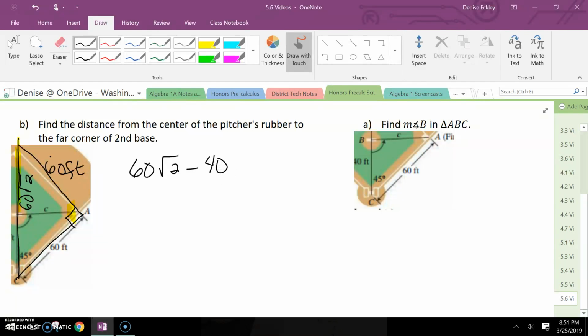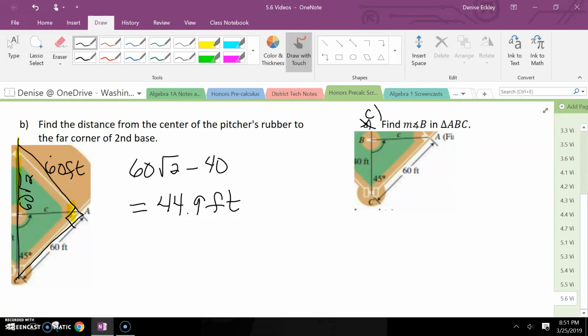So we can just leave our answer like that if we want an exact answer, but since we're dealing with a specific item, a baseball field, we'll put that in our calculator and round it, and we get 44.9 feet.